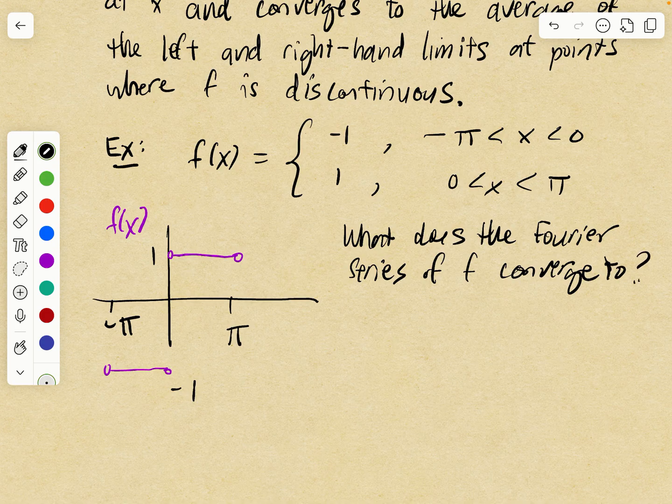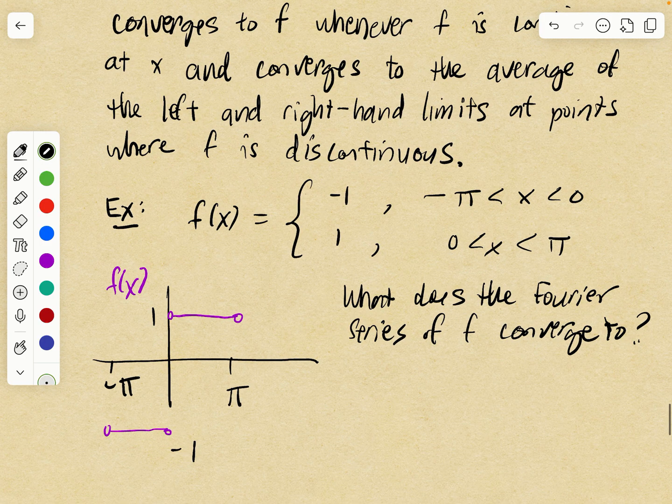So the Fourier series is an infinite series, right? When you have an infinite series of functions, which is what the Fourier series is, and we're asking what the Fourier series converges to, we're talking about the limit of those partial sums. Okay.